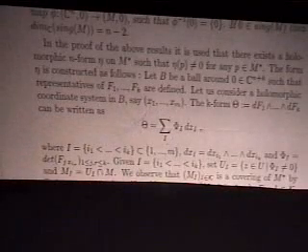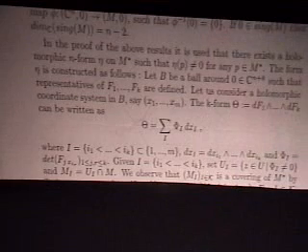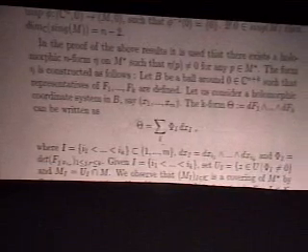And this phi I here is some minor of the Jacobian matrix of F1 to Fk, okay? So a minor, K by K, okay?